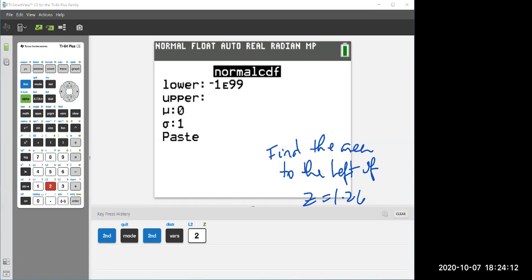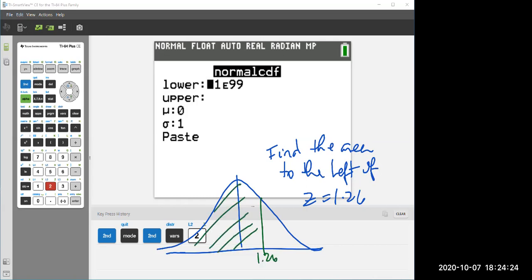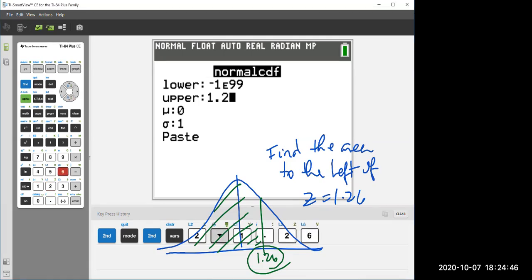So I'm going to sketch again where 1.26 is. So let's say this is 1.26. We want this area. So from 1.26 to the left, meaning this is the maximum, this is the highest number, right? So if that is the highest number, that should be your upper, 1.26.